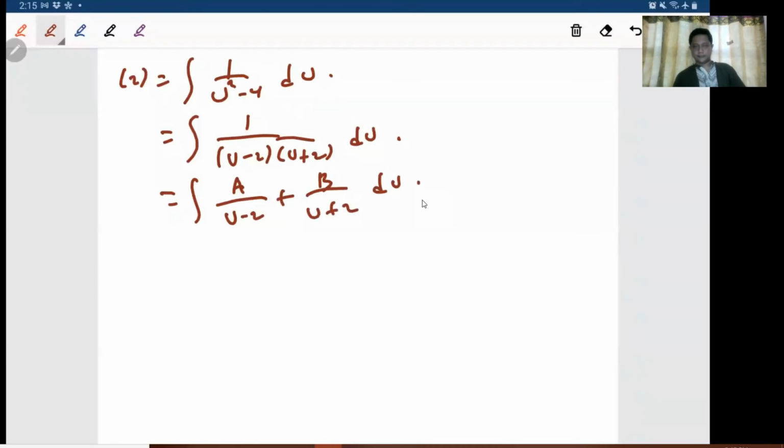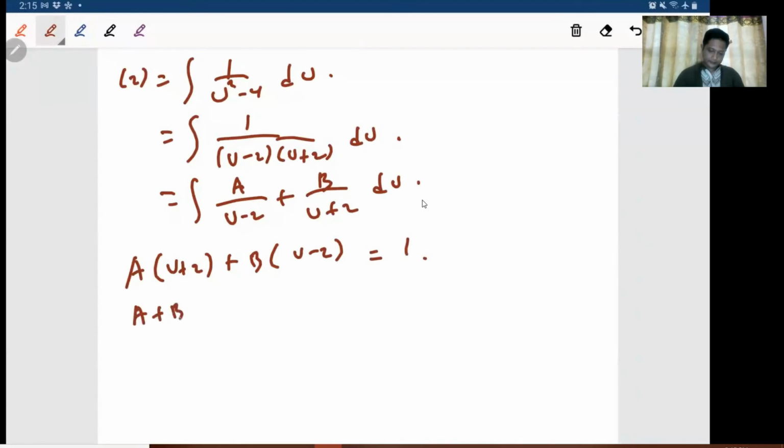So we use the partial fractions. And what is our A? Just try it: A times u plus 2 plus B times u minus 2 is equal to 1. So I have A plus B times u plus 2 times A minus B equal to 1.